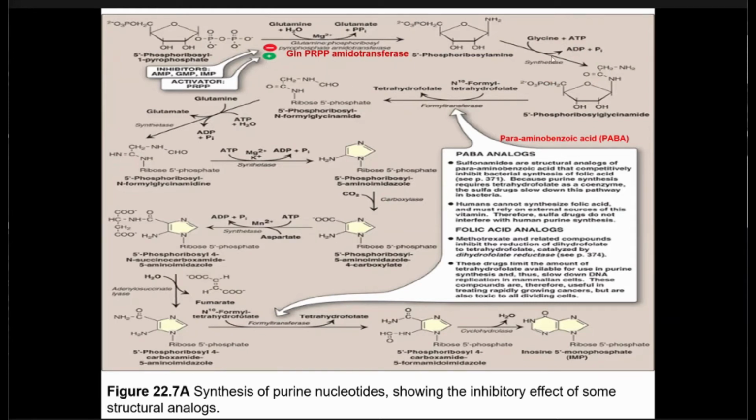What we are looking for in our case is just this step. Can you imagine these all are the steps to follow? And the end product is inosine 5' monophosphate.